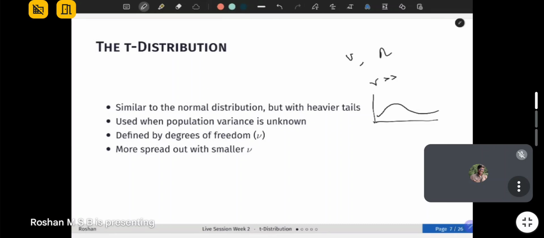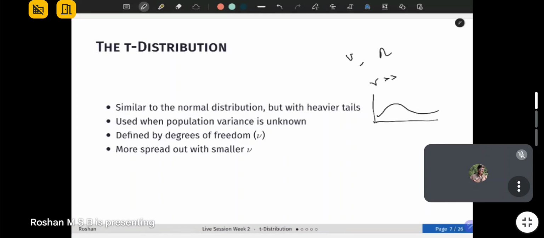Sample variance we can calculate, but based on that we can extrapolate it to the population variance. Yeah, that is correct. We don't know the population variance. There are around a billion people on Earth, so we won't know it. That is why we have to move on from the normal distribution to the T distribution, because it might be more accurate to use the T distribution in this case.